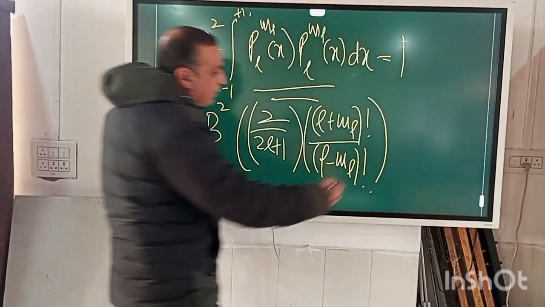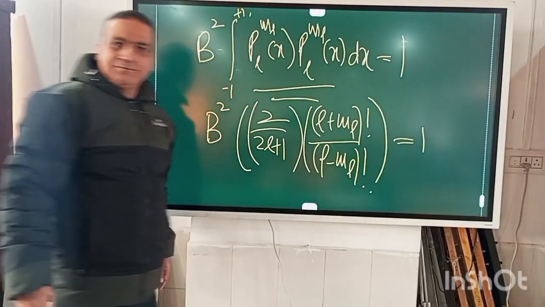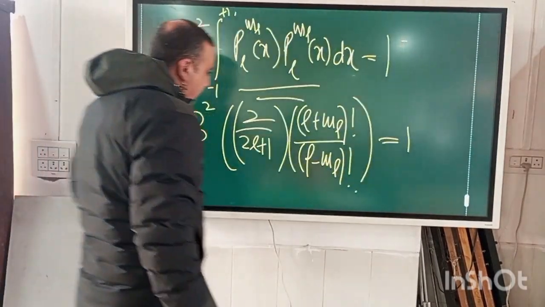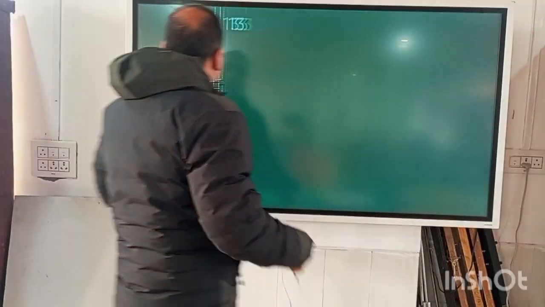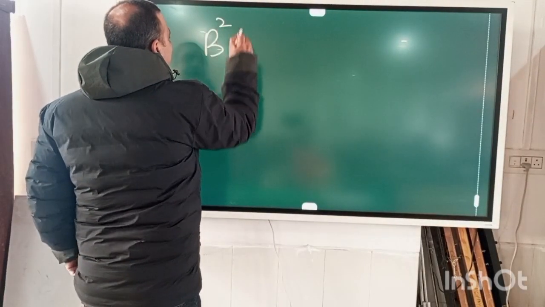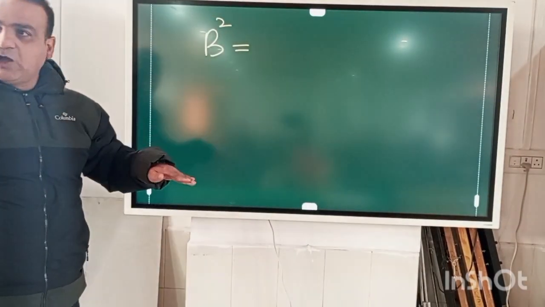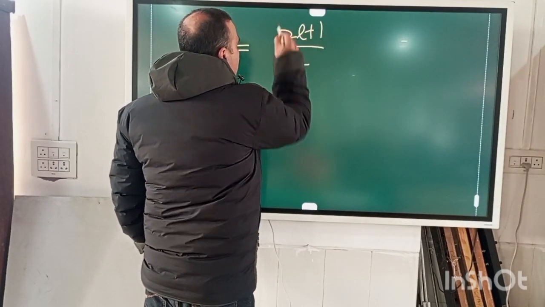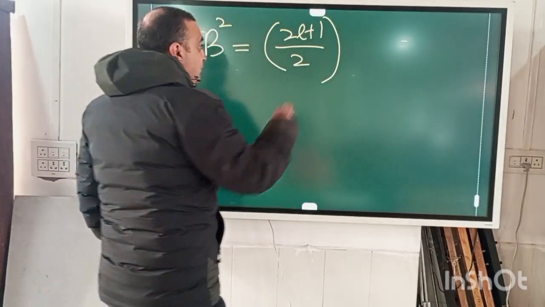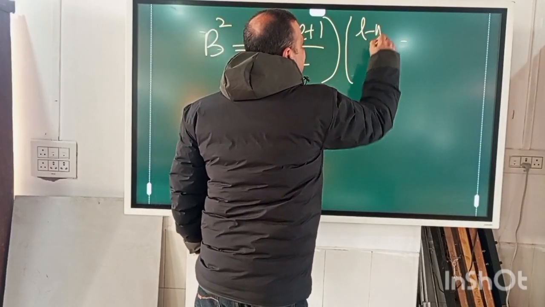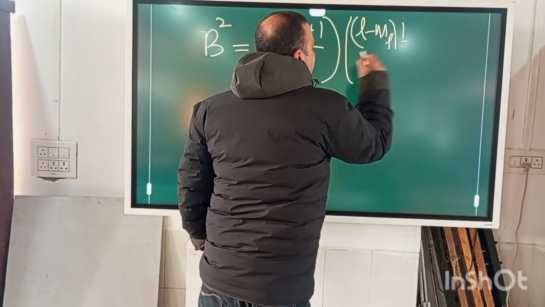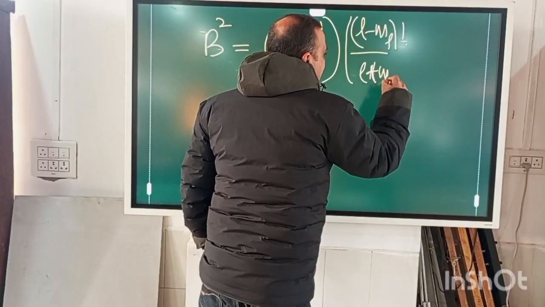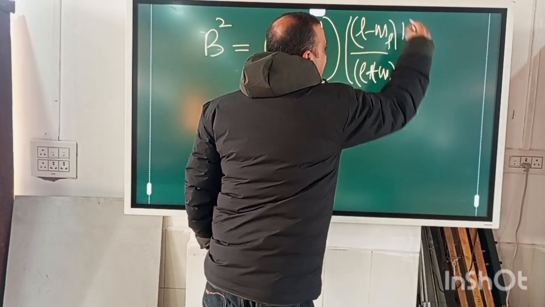So this is equal to 1 using the normalization condition. So what is b square then? Come on. What's b square? So b square will be equal to, the denominator part will go up, so you will have 2L plus 1 divided by 2 times L minus m_L factorial divided by L plus m_L factorial.